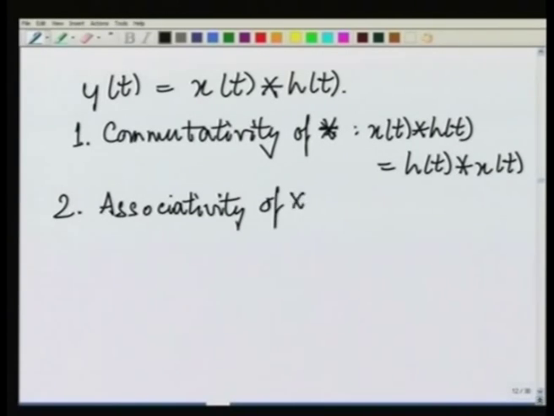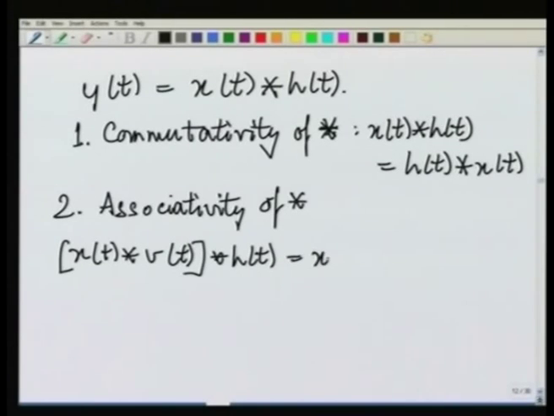We have associativity of convolution, that is to say that x t convolved with say some v t, the whole thing convolved with say h t, is the same as x t convolved with the convolution of v t and h t.